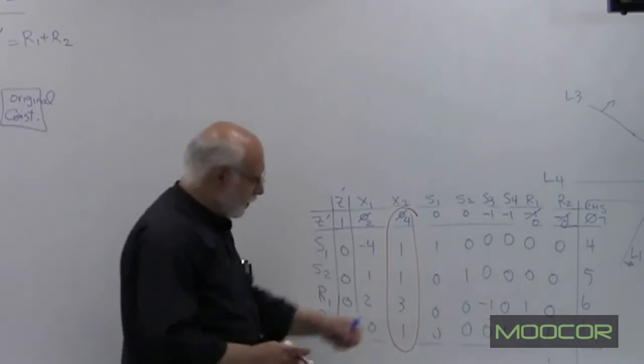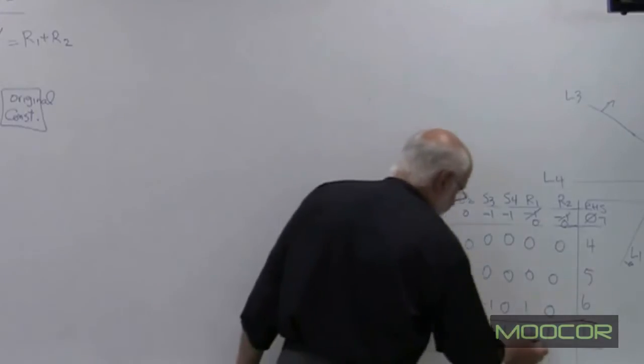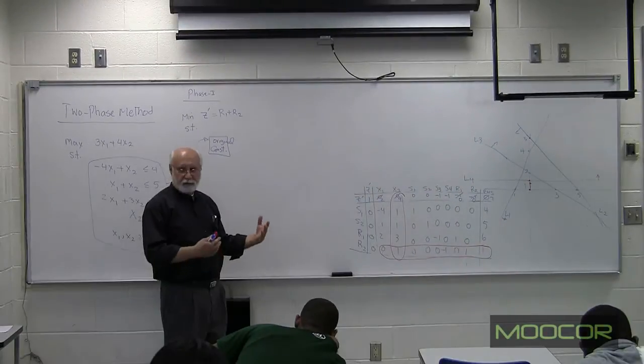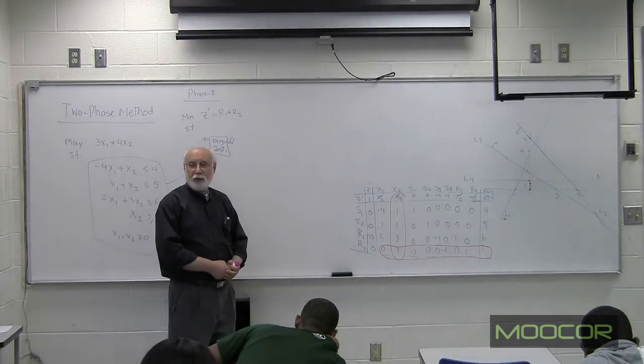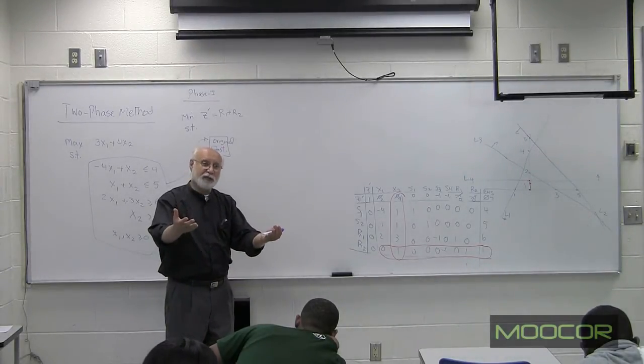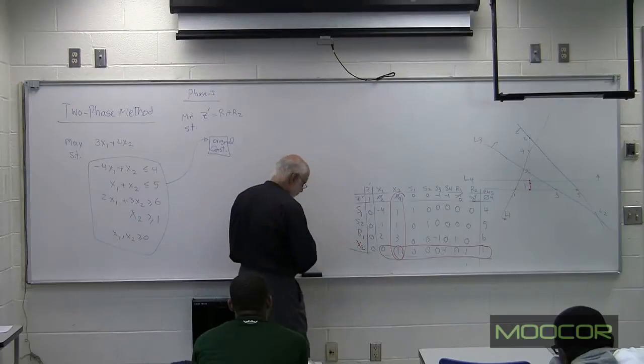And if you do this stuff, this is going to be your leaving variable. After you process this, you will end up with a new tableau. Could you spend 3 minutes and find me the new tableau?